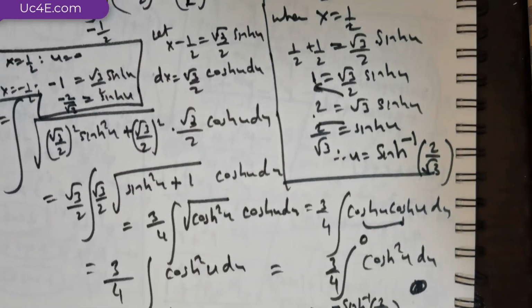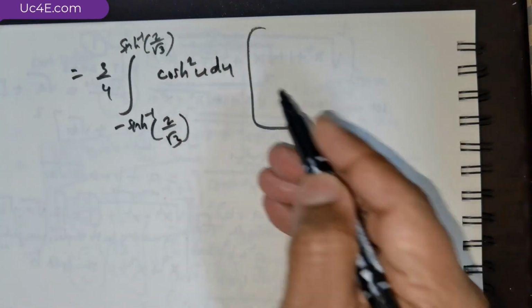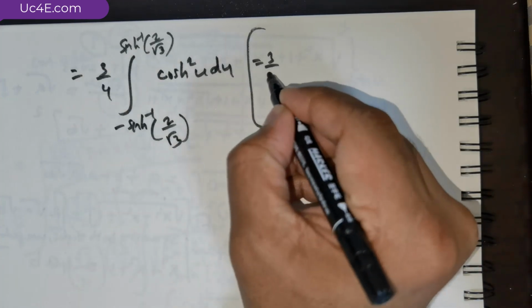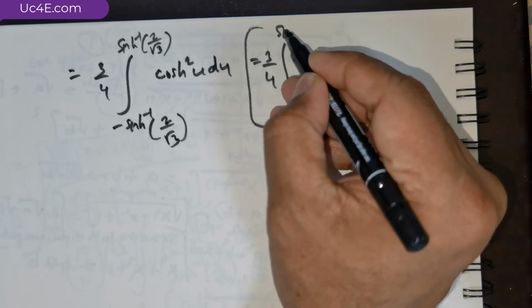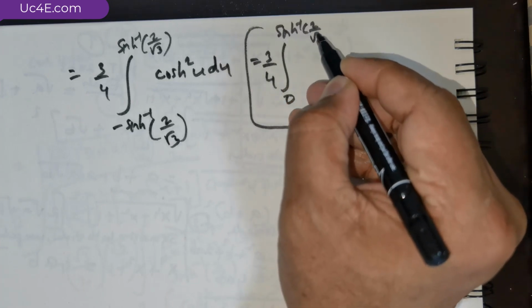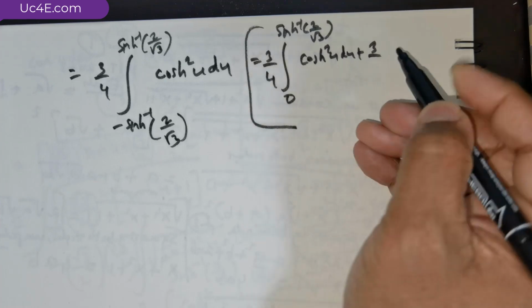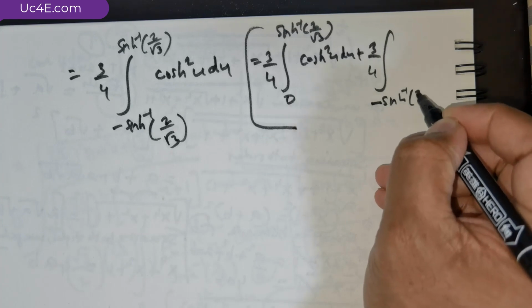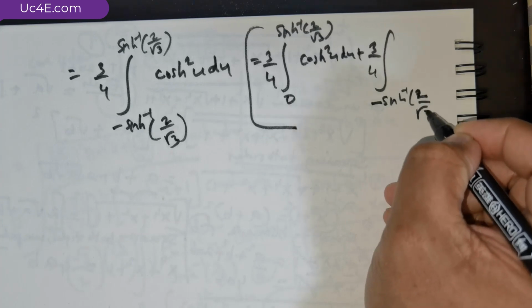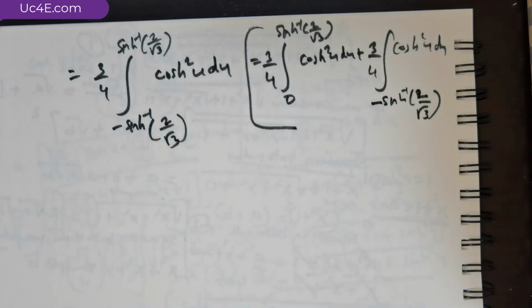So since I've exhausted this space, let me go to the new page. This is what I've got. Now you might be wondering, how did I arrive at this? Now we know the first one gave us 3 over 4, integral 0 to sinh inverse of 2 over root 3 times cosh squared u du. The second one gave us 3 over 4 integral negative sinh inverse of 2 over root 3 times cosh squared u du, right?